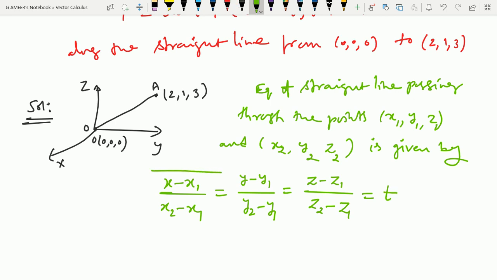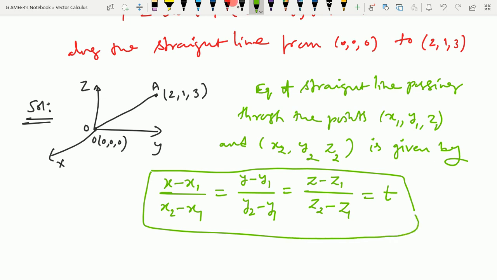So you need to know this formula. Here x1, y1, z1 is 0, 0, 0 and x2, y2, z2 is 2, 1, 3. When I substitute this, what formula will I get here?